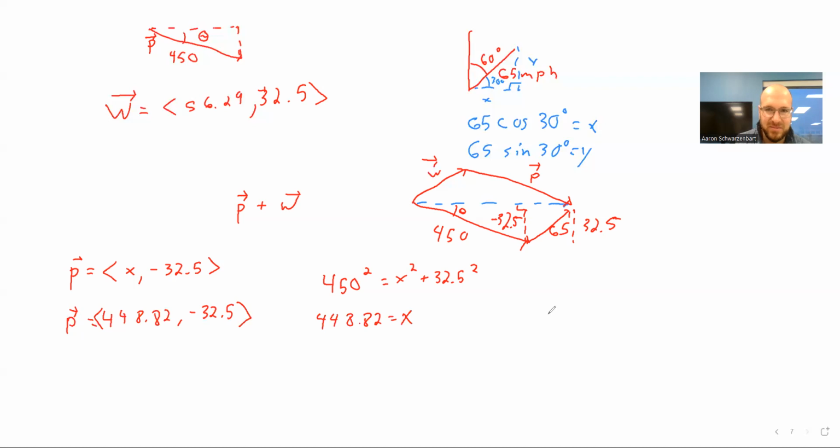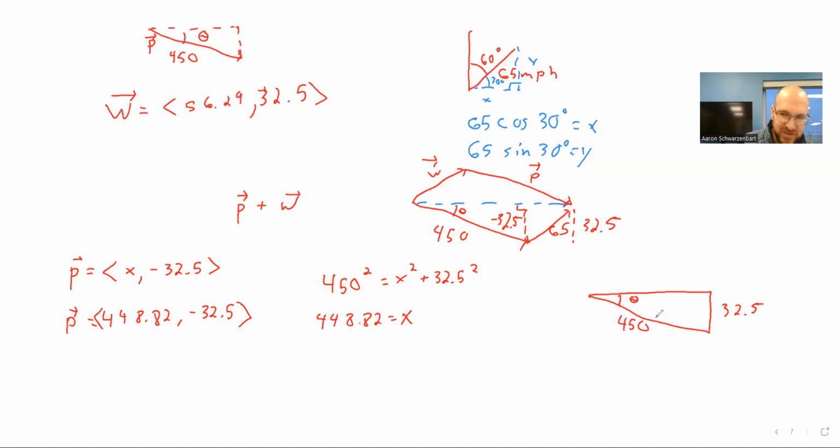To get the angle, I'm going to use an inverse sine. Reason I'm using an inverse sine, let's do theta here. 32.5. Actually, let's move that over. And we're just going to use the positive because it'll give us the angle inside.